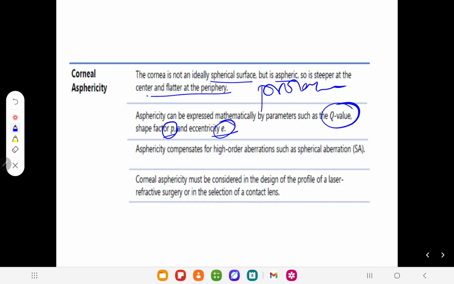Sphericity compensates for higher order aberrations such as spherical aberration, and we have already discussed corneal spherical aberration and lens spherical aberration. Corneal sphericity must be considered in designing the profile of laser refractive surgery or the selection of contact lens. It's very important. Even sphericity helps in diagnosis and management of keratoconus. Okay.